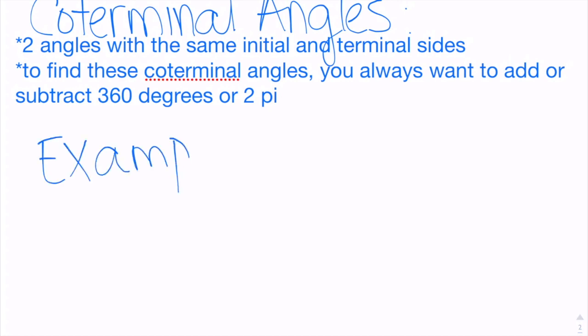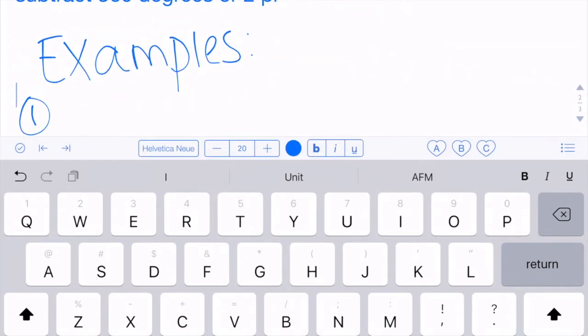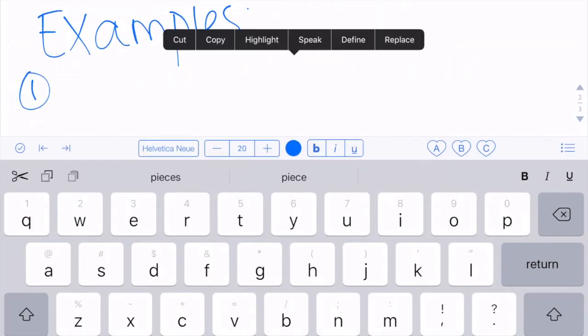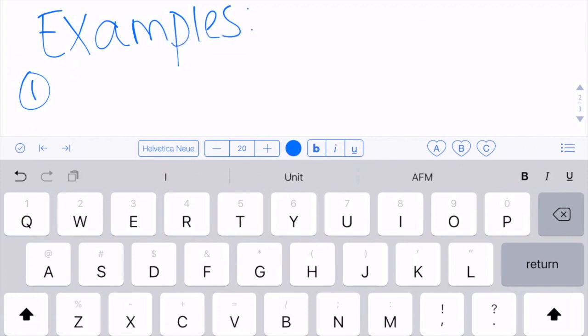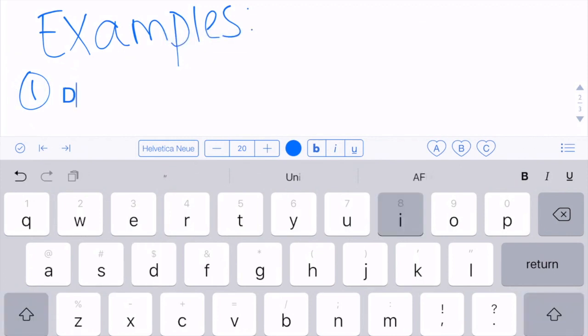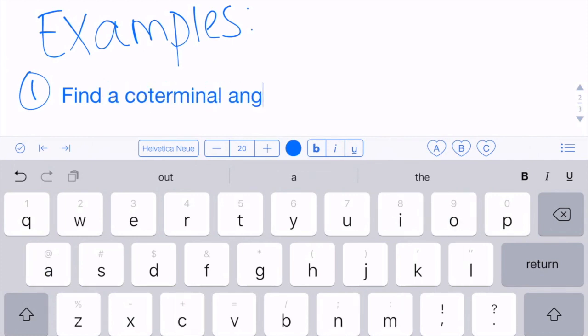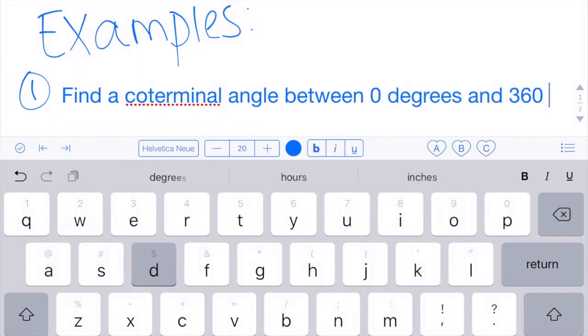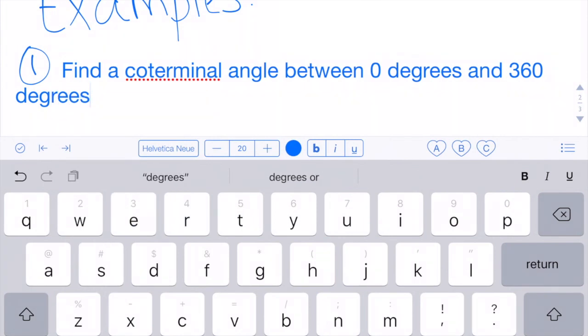So now let's do some examples. Example 1 says find a coterminal angle between 0 degrees and 360 degrees.